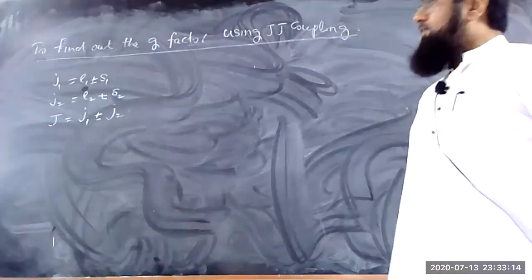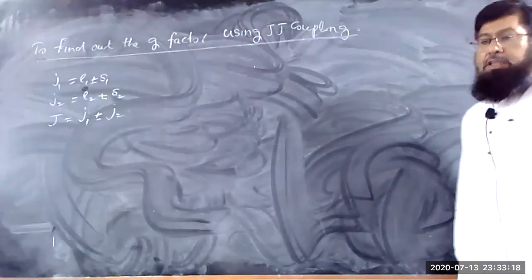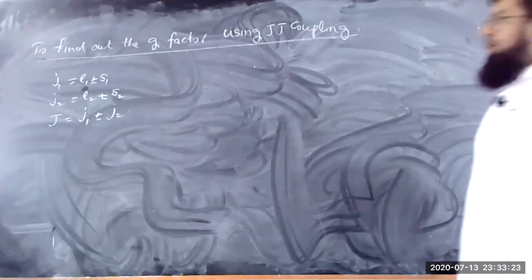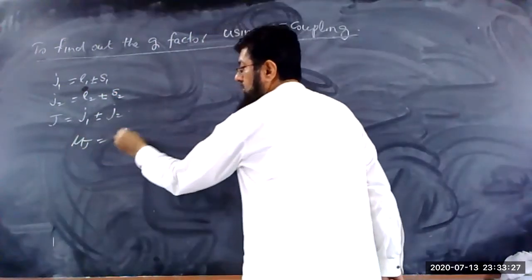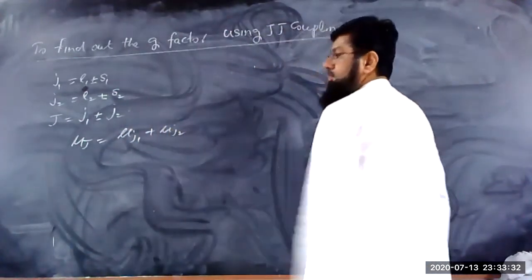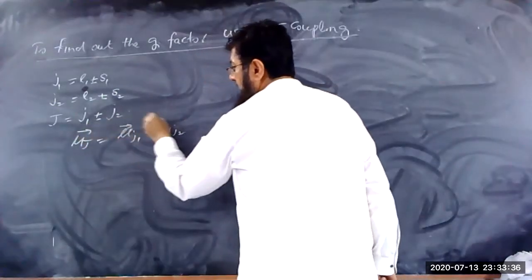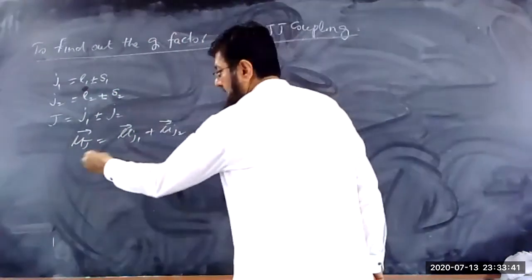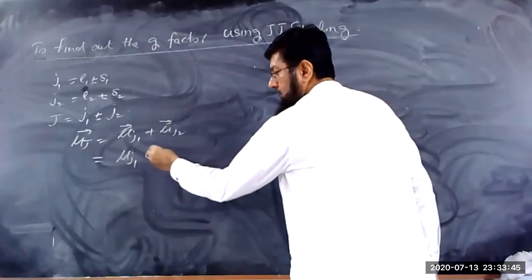Now we have to look at the magnetic moment, because this G factor is associated with the magnetic moments. So here mu of J is equal to mu of J1 plus mu of J2. The magnetic moment is a vector quantity, so it can be written in terms of magnitude and direction.